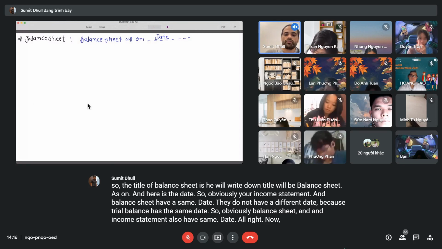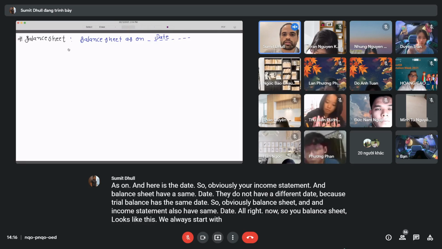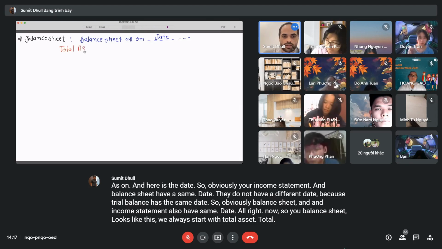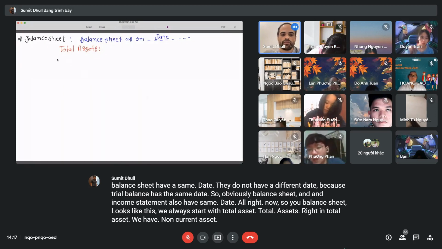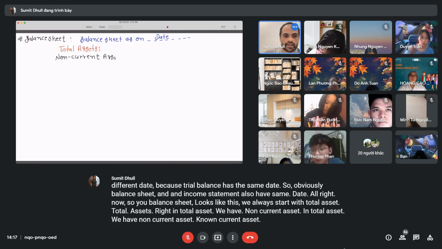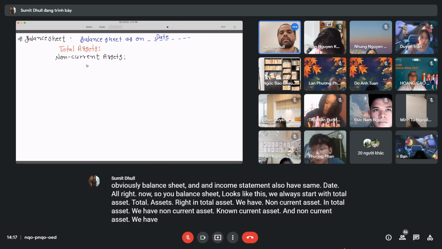Now, so your balance sheet looks like this. We always start with total assets. In total assets, we have non-current asset. In non-current asset, we have land, building, plant, machinery.